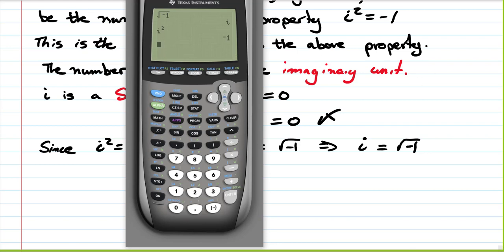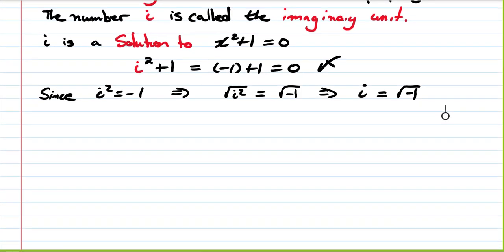We need another definition, and then we'll come back to this in just a minute. So our next definition is of a complex number.